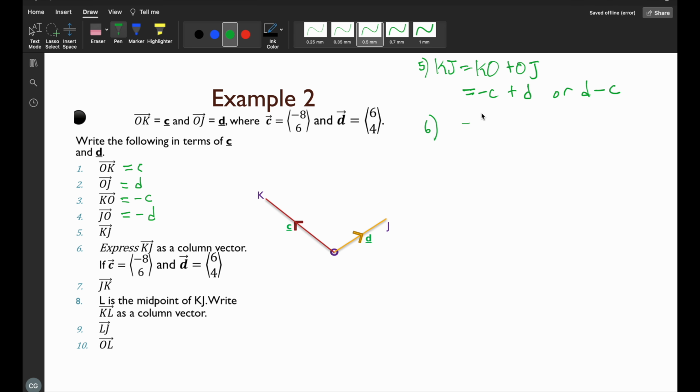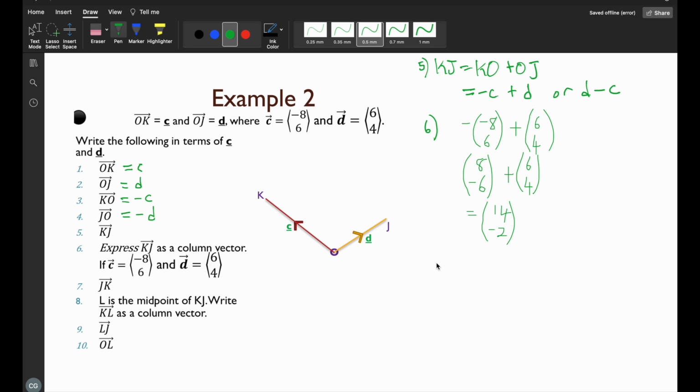So minus 8 turns to positive 8, and minus 6 is just minus 6. We have 6 and 4, and we add those together. 8 plus 4 is 14. Negative 6 plus 4 is negative 2. That's our answer for number 6.